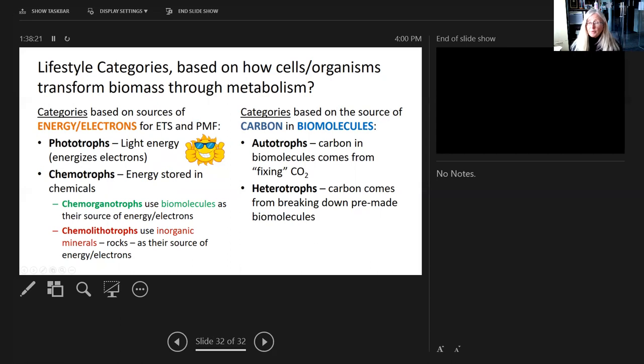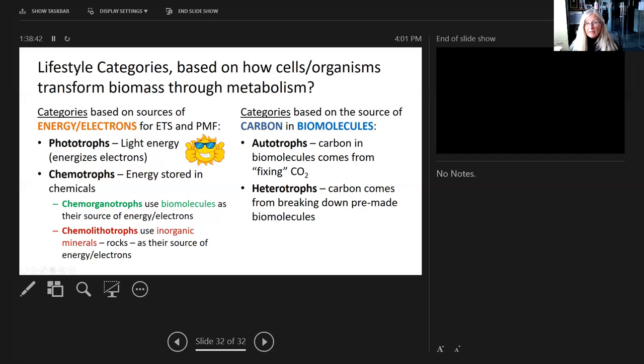Autotrophs, the carbon that is being put into the organic compounds that they build their cells out of comes from CO2. So autotrophs make their own food, meaning they're making their own organic compounds through that process of the Calvin cycle.